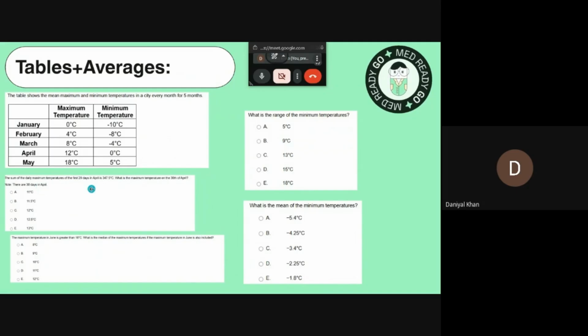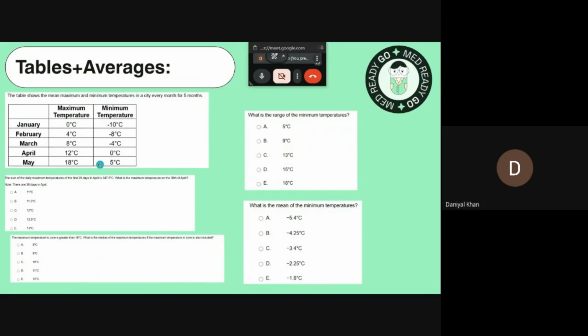Now this is a question that comes up time and time again in the UCAT in different numbers, but it's always the same question, where it asks you about rearranging the formula for mean. So as you all know, the mean is equal to your values over the total number, and that gives you this value right here because we've been given the mean. So we're using the maximum temperatures for April. April has 30 days.